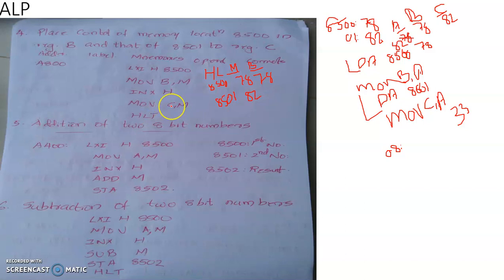Next instruction is MOV C, M. Move the content of the memory location pointed by the HL pair to register C. That is, 82 is copied to register C. The C register will now have the content 82. Now you can halt the program.